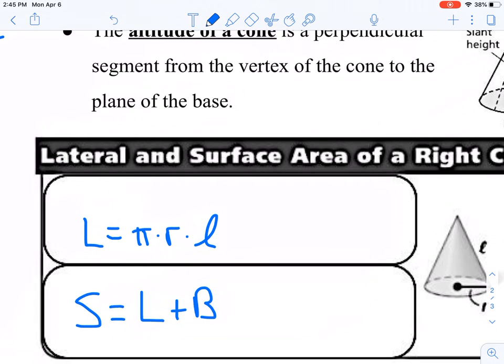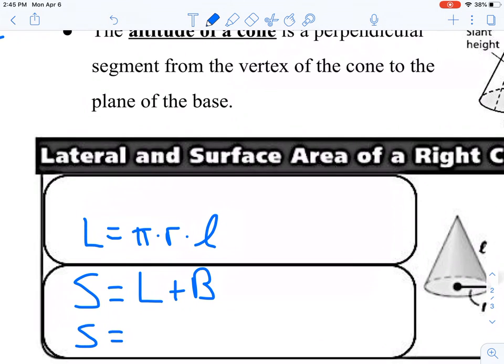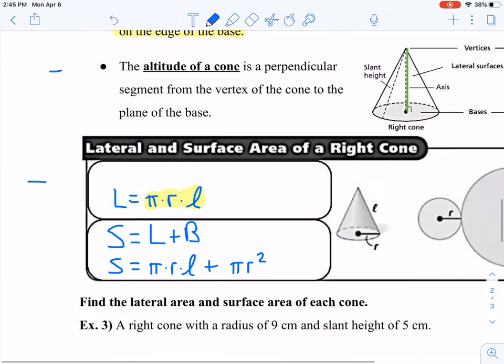Well, in this case, surface area is going to be equal to pi times the radius times the slant height, which is the lateral area right here, plus the area of the base. And because it's a cone, the area of the base is always going to be a circle, so that's always going to be pi r squared.